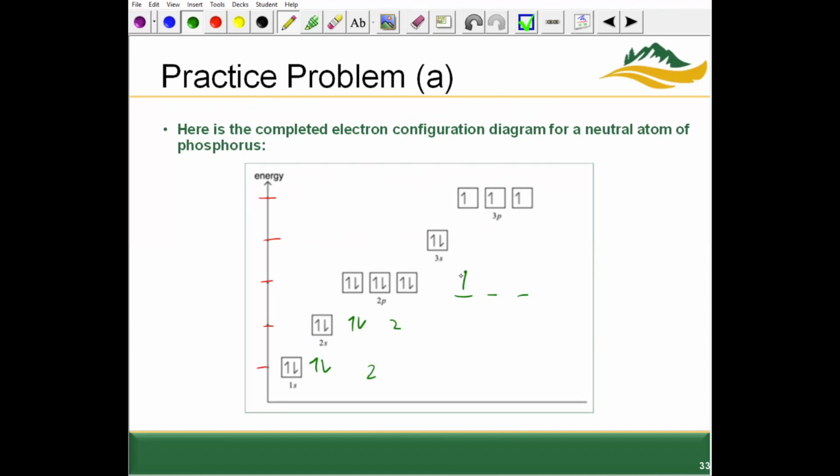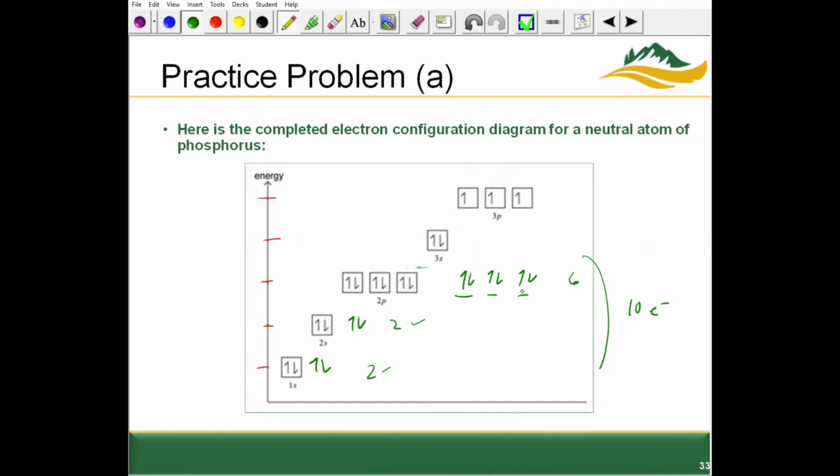Then we draw in 1, 2, 3. At this point, we have not used all the electrons of phosphorus, so then we keep going and we pair these. 4, 5, 6. So 2, 2, and 6. That's 10 electrons so far up through the 2p subshell.